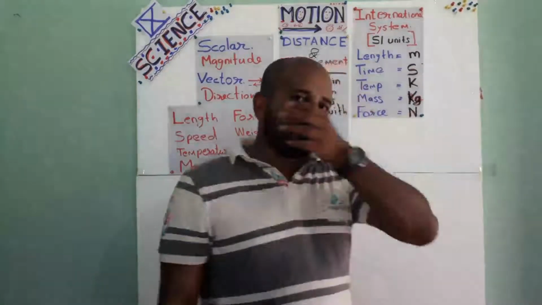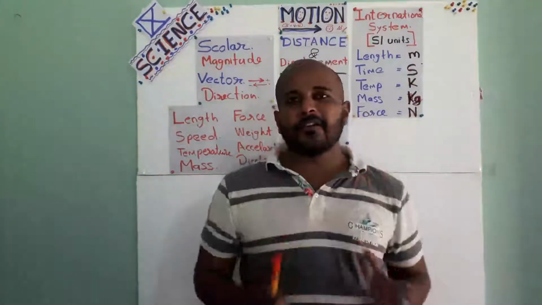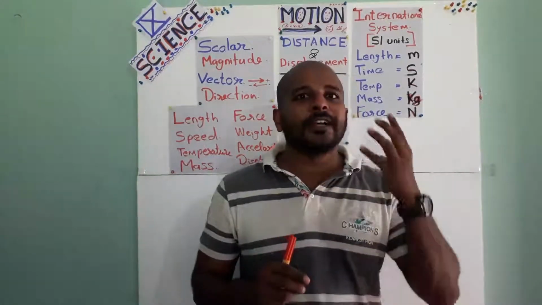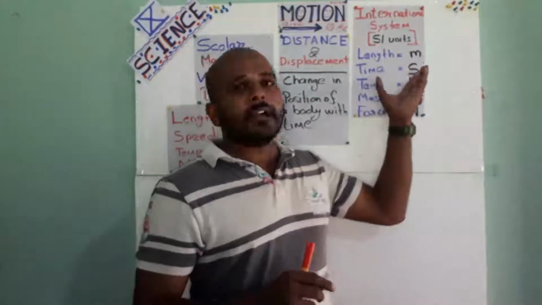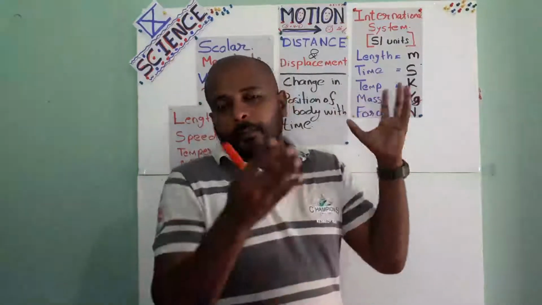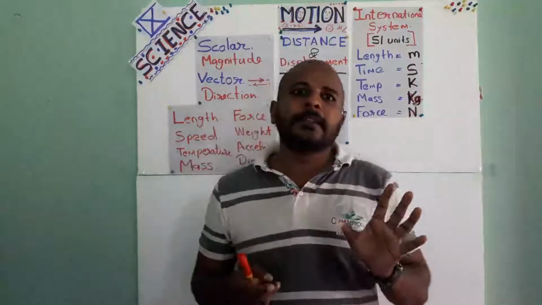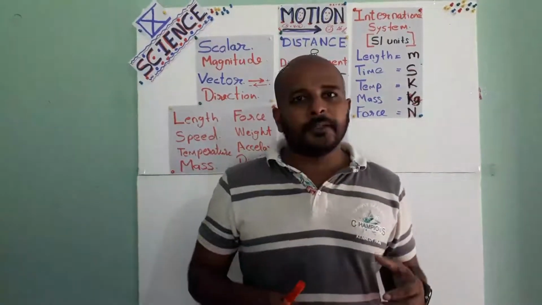Understand? So whenever numericals are there in physics, if the values are given in anything other than SI unit, you must convert that into SI unit. For example, in the case of length, if it is given in kilometer, you must convert it into meter.